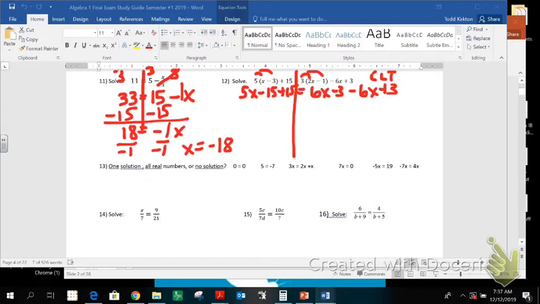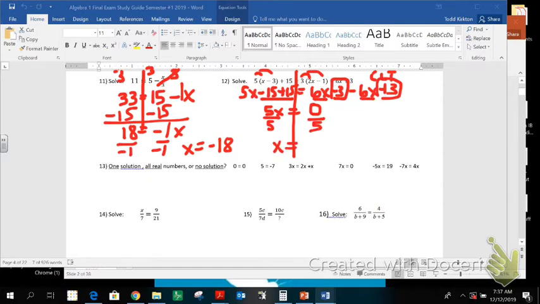So we're going to combine like terms. Over here, the negative 15 and positive 15 just get down to 5x. 6x minus 6x is 0. Negative 3 plus 3 is 0. So I have 5x equals 0. I've got to get x by itself.